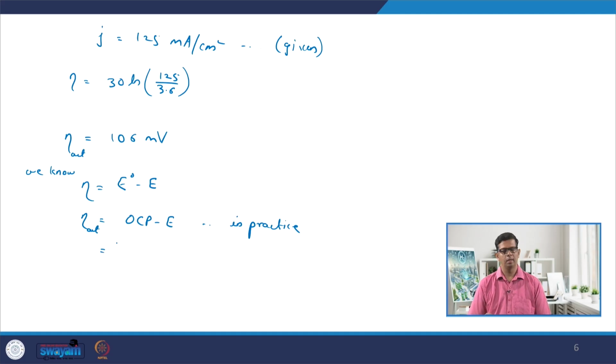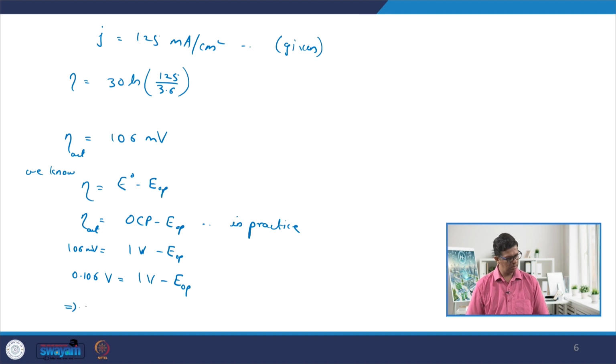So, let us say open circuit potential in this case is 1 volt, minus E, and eta activation we have just found out as somewhere around 106 millivolt. So, let us convert that. This is 0.106 volt is equal to 1 volt minus E. Now, this E is E operating.